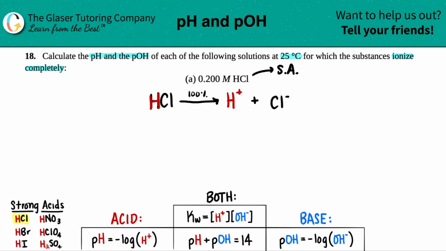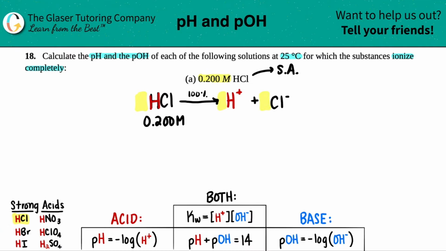ions. Now, the next thing that we're going to do is they did tell us that we had 0.200 molarity. So 0.200 molarity here, but there's not going to be any left. All of this gets transferred into H plus and Cl minus, and it's going to transfer into their mole ratios. So we have to look at those coefficients.